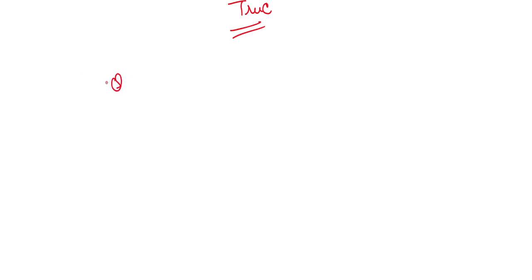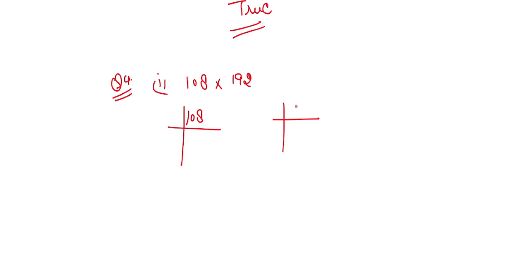So now question number 4 and the first part is 108 multiplied by 192. So first you have to find the prime factorization of 108 and after that the prime factorization of 192. Now do it.